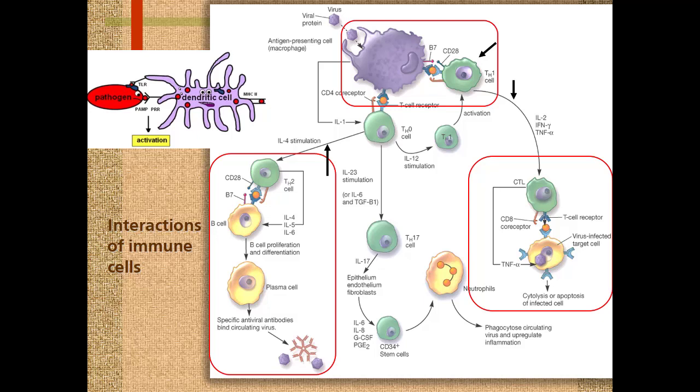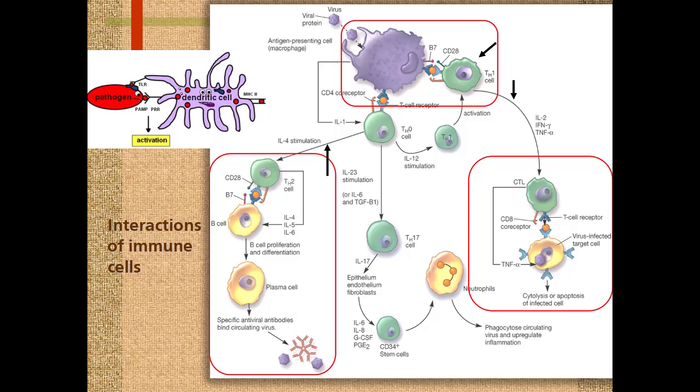In both pictures, in the small picture, that cell has come in contact with a pathogen. And notice that the pathogen has a little structure on it, which is called a PAMP, or pathogen-associated molecular pattern. It's the little red ball that looks like a nose on its face.